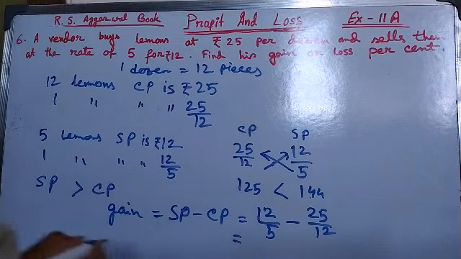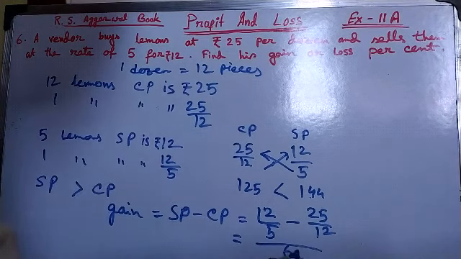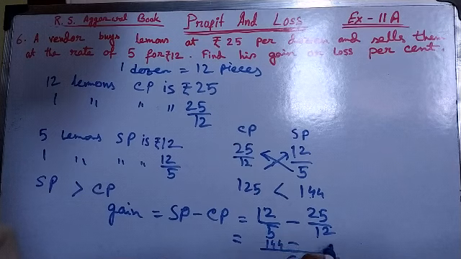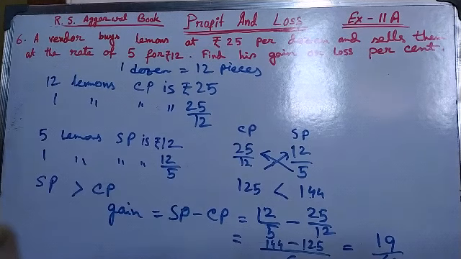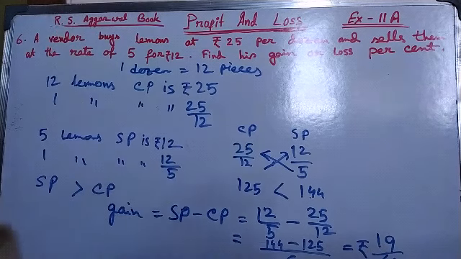So we will find this difference. Minus 125, that means 19 by 60. This is the gain for 1 lemon.